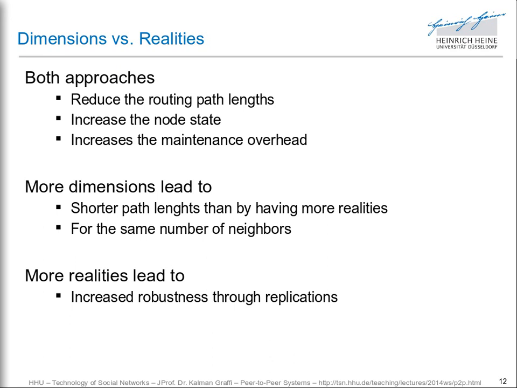For example, if you use a two-dimensional Chord, so you have nodes on your x and y axis, then the paths are shorter than having two Chord rings, even with the same number of neighbors. Okay, and more realities lead to an increased robustness through replications, as I said before. Okay, do you have questions to this topic? Okay.